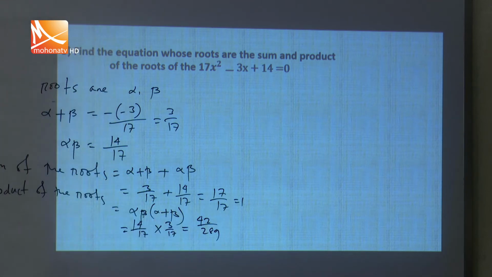We get the sum of the roots and the product of the roots, and make the equation x square minus sum of the roots into x plus product of the roots.